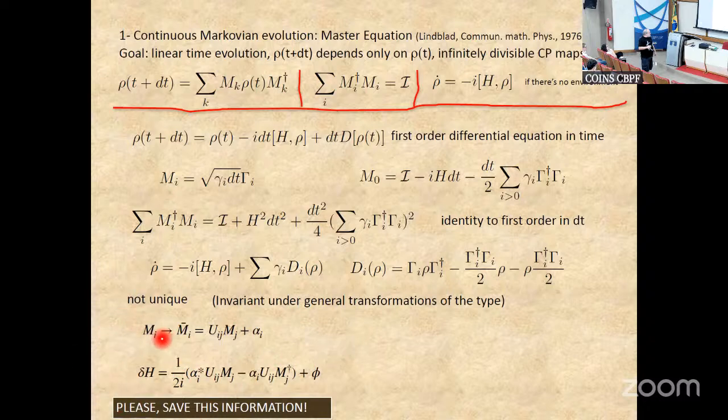And if I make this transformation here, and I correct my Hamiltonian by this term, I get the same time evolution for my system. Okay. And I need you people to save this information. In particular, to save the information that if alpha is 0, then this part is the same, and I just transform this non-unitary part of my evolution. Okay, just save this information for now.